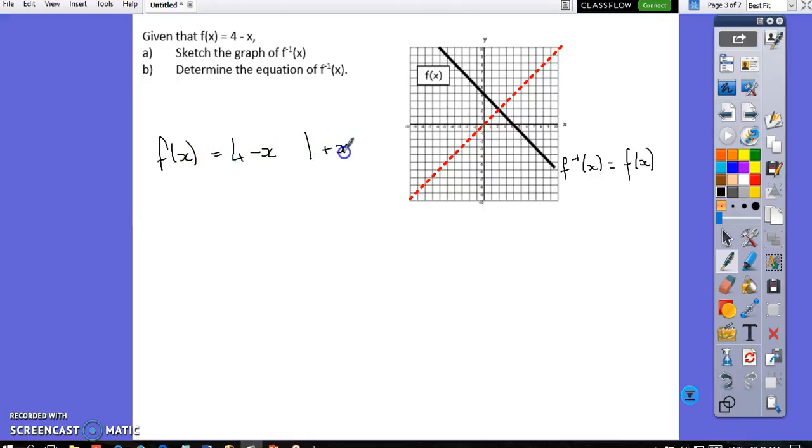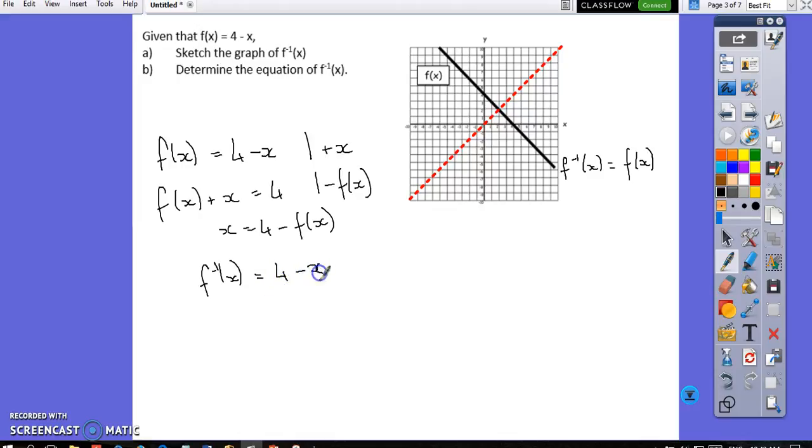So if I add x, I get f of x plus x is equal to 4. I take away f of x, and I get x is equal to 4 minus f of x. And then I replace them, so I get f to the minus 1 of x is equal to 4 minus x, which is equal to f of x as we expected.